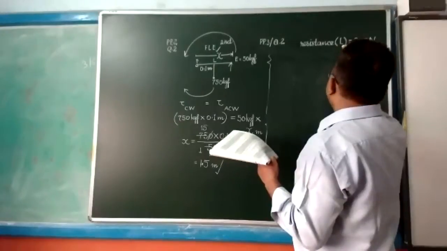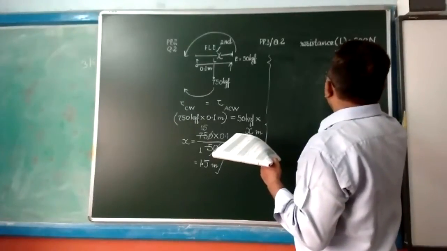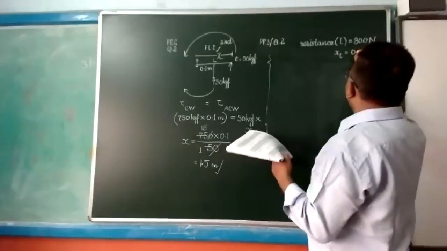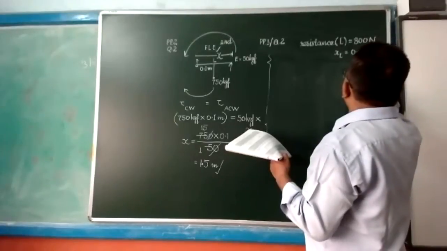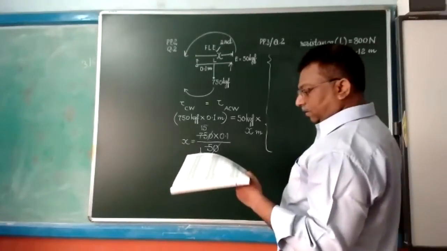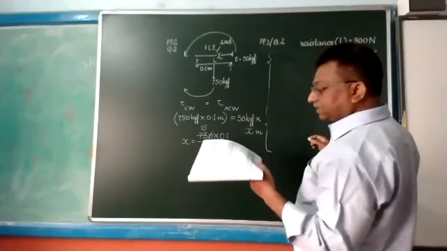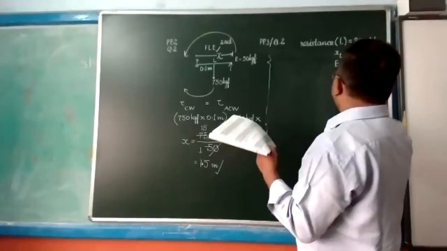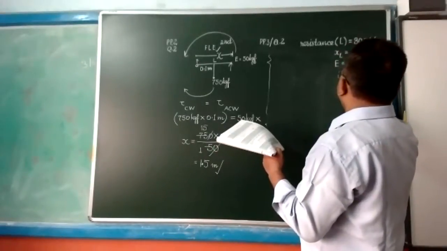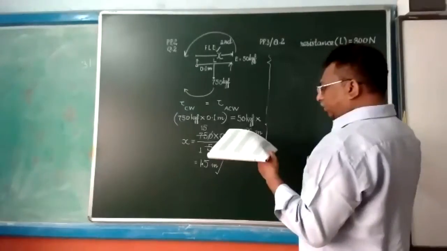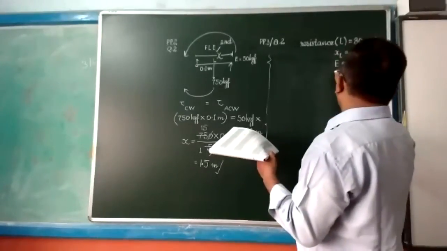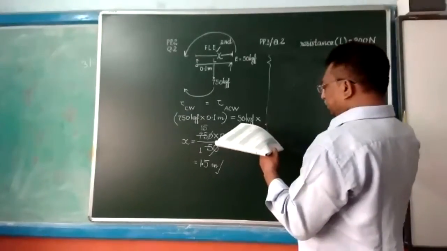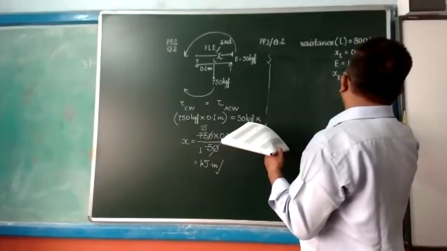So load distance, better to write XL, equal to 0.12 meter. When an effort of 160 Newton, capital E, acts through a distance of 0.72 meter, it means the effort distance is given: 0.72 meter.